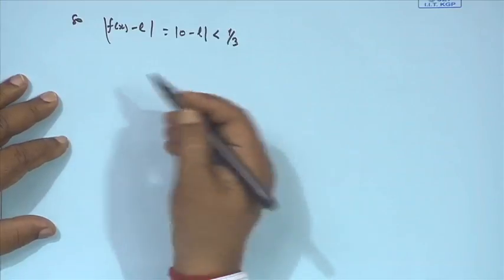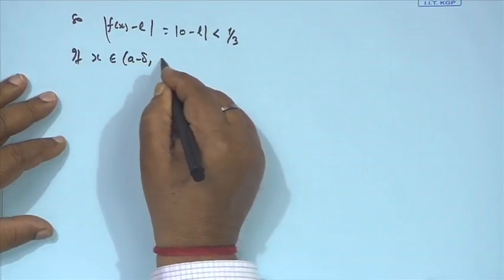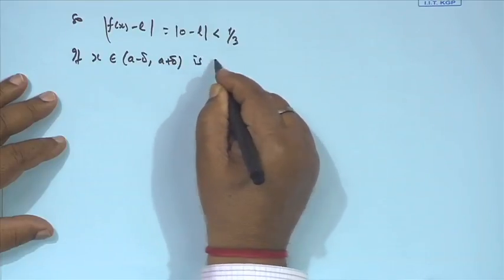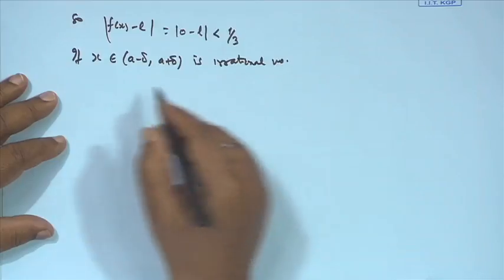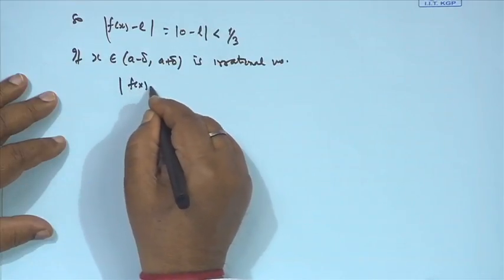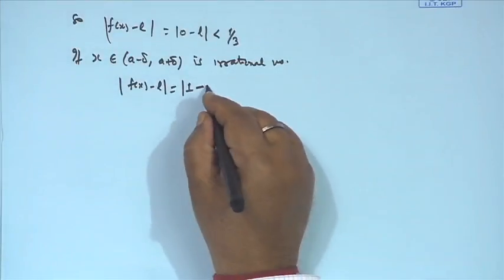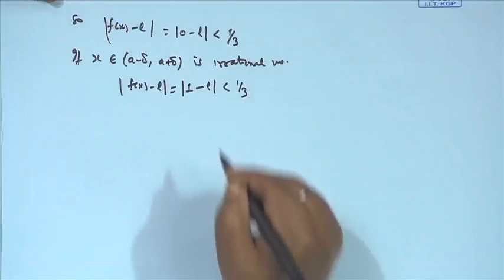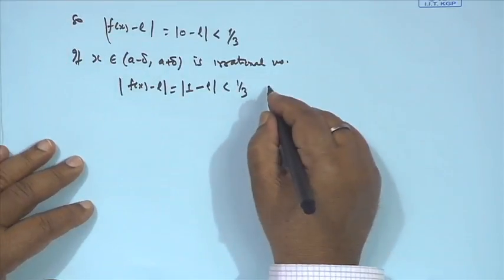Now, if x belonging to (A minus delta, A plus delta) is an irrational number, then in that case |f(x) minus L|, f(x) irrational means f(x) is 1. So, |1 minus L| is less than 1/3.